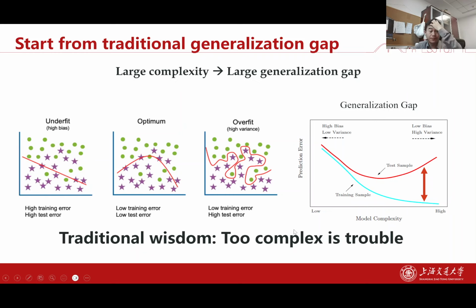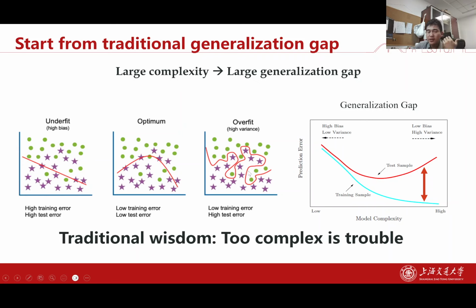Here's an example. If you have a very simple function to classify these two types of data, the circle and star, you will not be able to do it well because this model is not complex enough. But if you use a very complex function, you can definitely classify all the training data very well. Even for data like this, which is possibly noise, you can fit this noise very well.